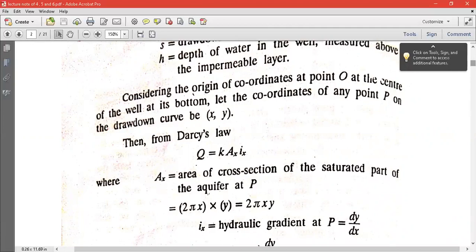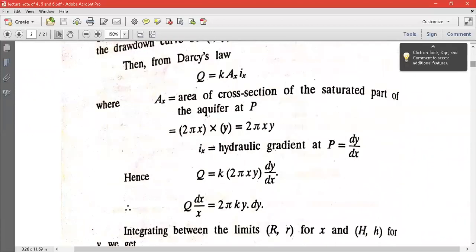So in Darcy's formula i can be replaced by dy by dx, and A is nothing but 2 pi x y. So ultimately it is denoted by Q equal to k 2 pi x y into dy by dx.